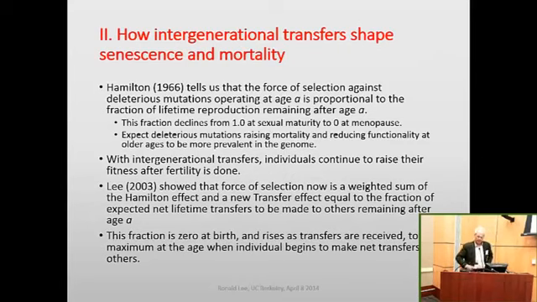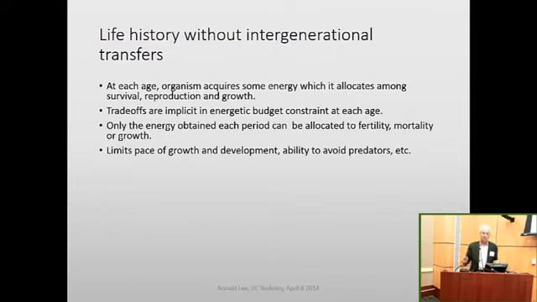So let's suppose now that we are looking at a species that does make intergenerational transfers. The question then is how of my story, which is that we conceptualize the life history strategy as being limited by a budget constraint, which says that at any age you acquire a certain amount of energy and then you allocate it among growth, among fertility, and maintenance and survival.